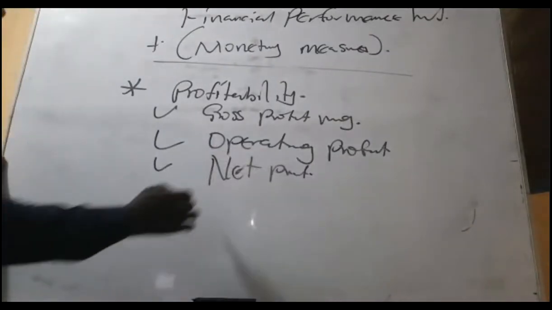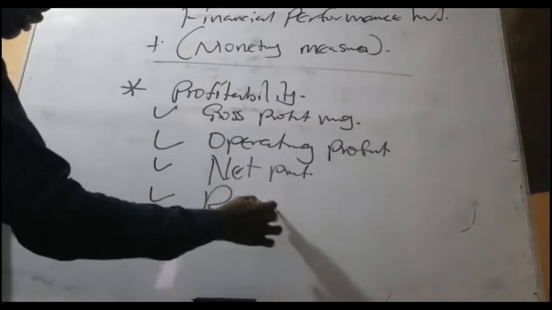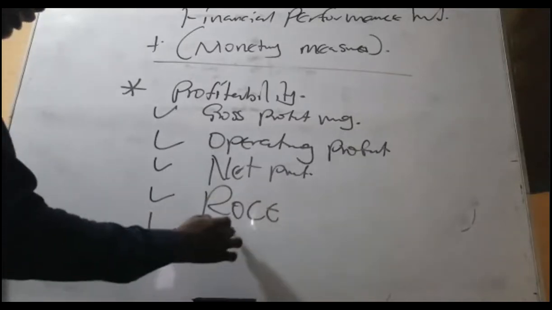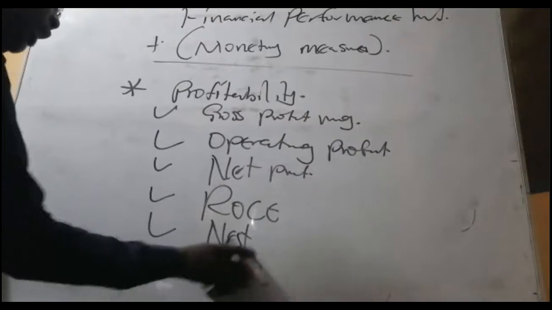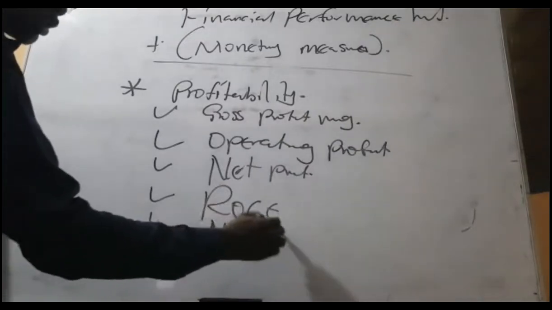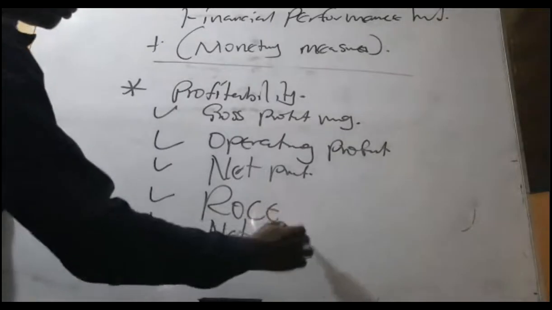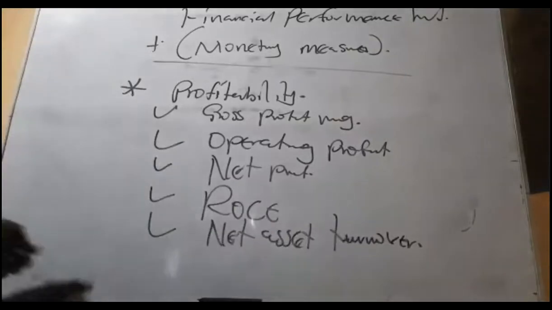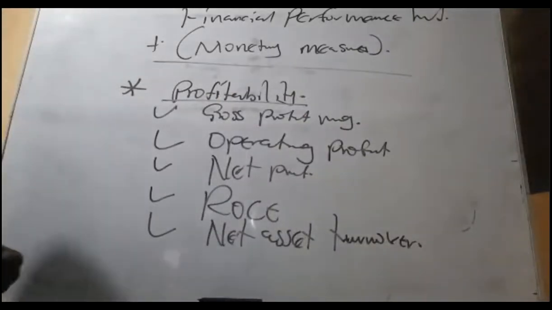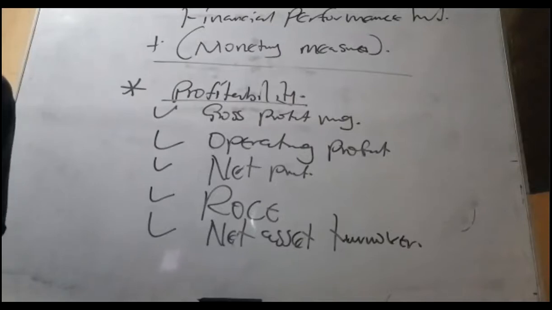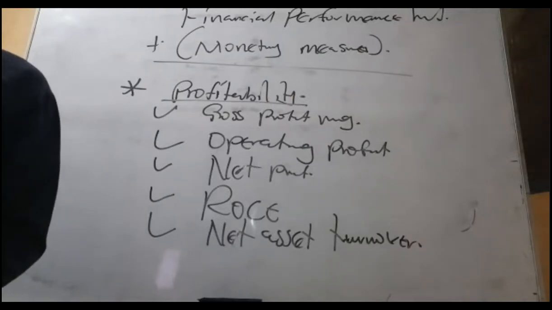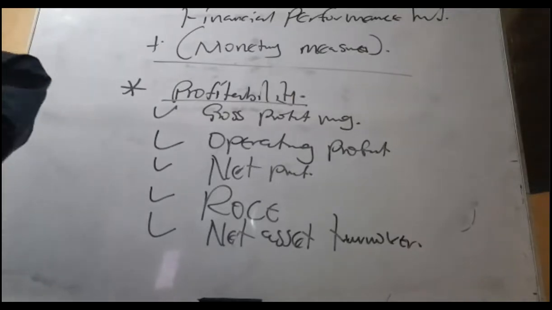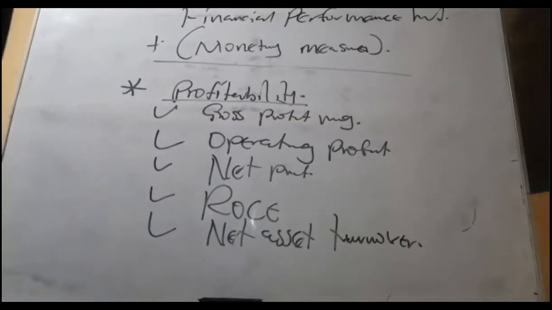You can also use ROCE. You can also use net asset turnover. So these are the profitability ratios. First, you should know how to calculate them. They are formulas. And then two, the interpretation. All of them have been dealt with in the video that I will upload on the platform. So that is it.